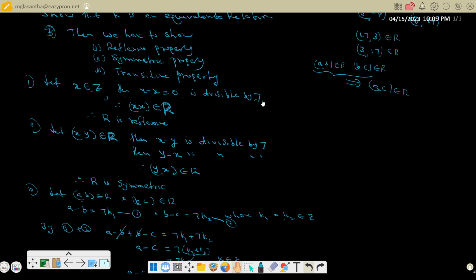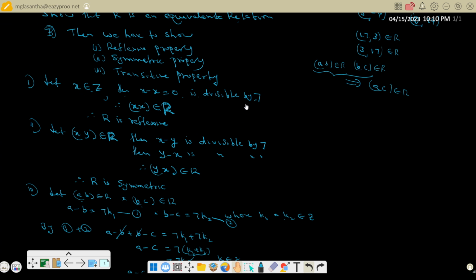Instead of 7, you can have different integers. So they might say x minus y is divisible by 6, giving another relation. If you have equivalence relations, you can set equivalence classes.